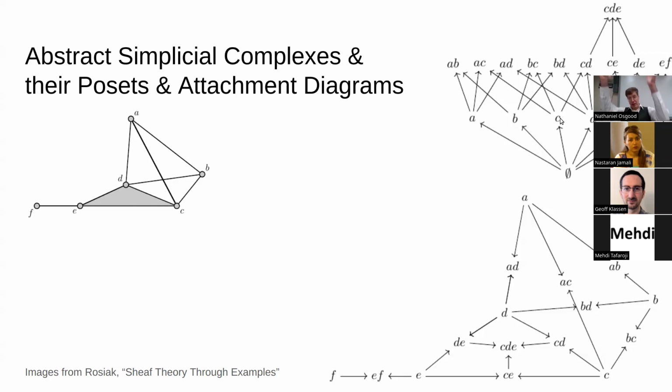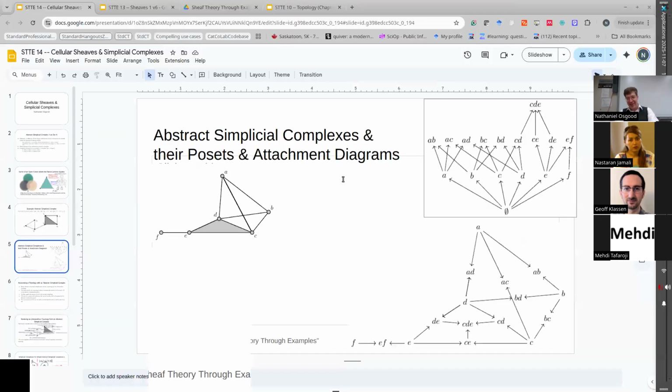Things above it within this, things greater than or equal to it. Well, there's C, and then what other things? CD, BC, and AC, and CDE, right? There's an arrow from C. Oh, you're right. That's an errata.